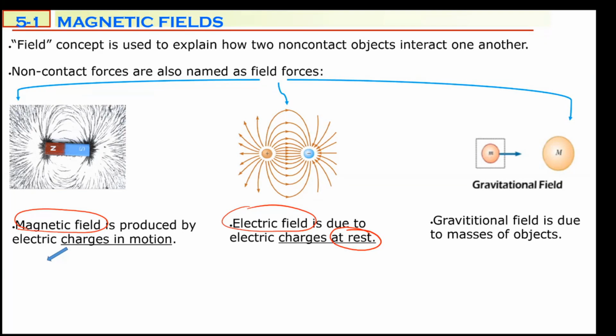The magnetic field is also produced by electric charges. But in an electric field, the charges are at rest, while in a magnetic field, those charges must be in motion. So if a charge moves in some direction, this charge will produce a magnetic field.